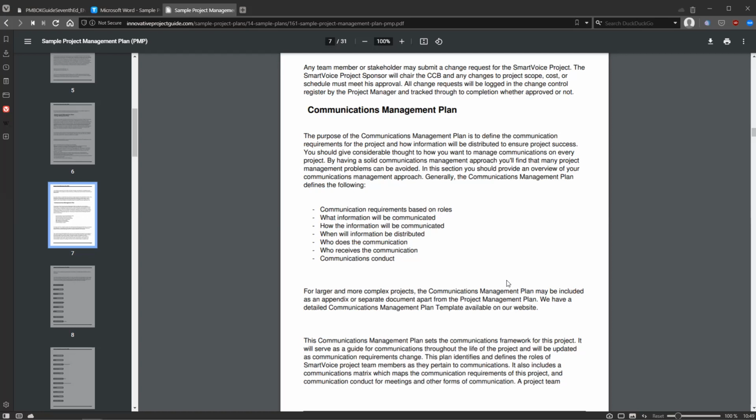And this work breakdown structure also included communication milestones and project delivery milestones.